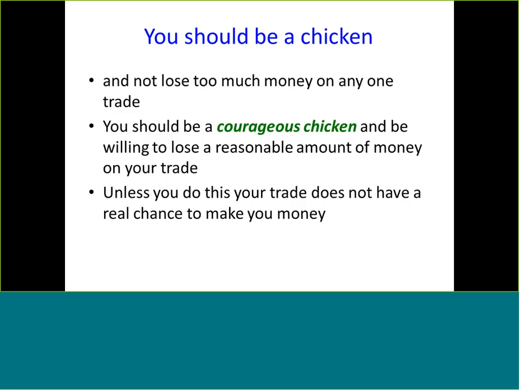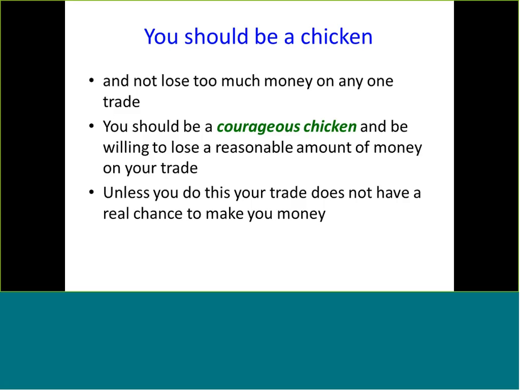Because if you start playing semi-lottery, which means you're just kind of hoping that you're going to get it right almost immediately because you want to put a really tight stop, then the chances in the long run of not getting stopped out most of the time is very low. So it's not a recipe for success to just put tight stops on all your trades.